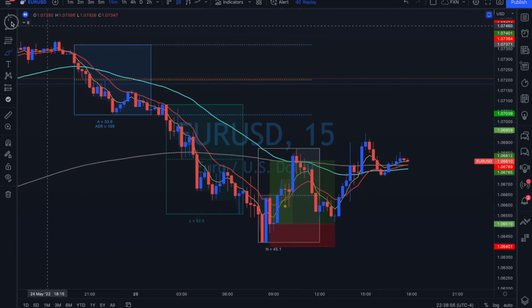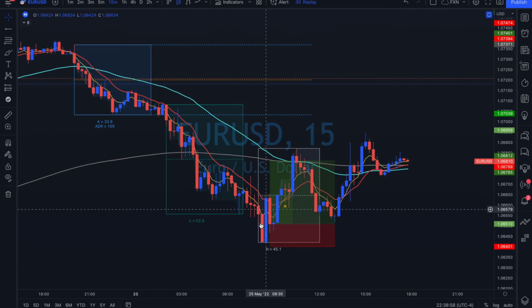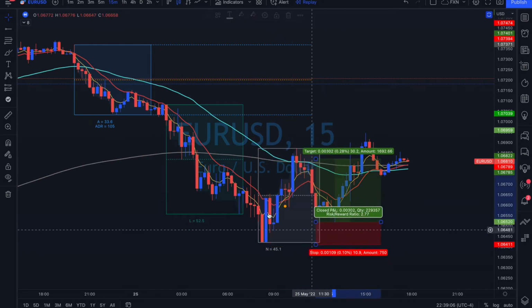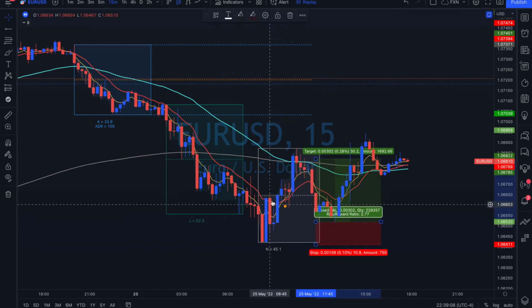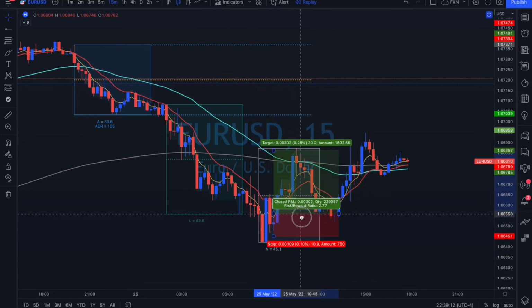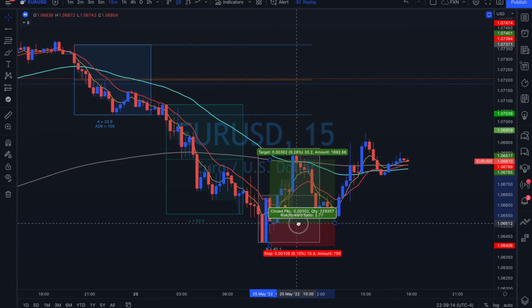Now, I want you guys to notice the second leg gives us a railroad track, but obviously this railroad track is pretty big. So the pullback candle is the candle that we actually use for entry on this particular trade setup. Anywhere in this red candle can be your entry.